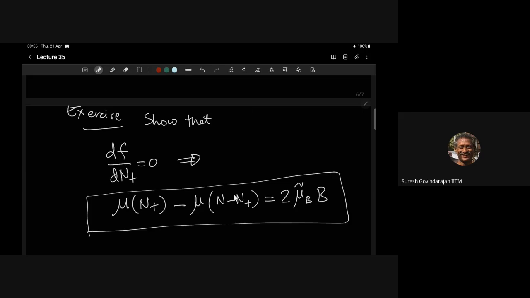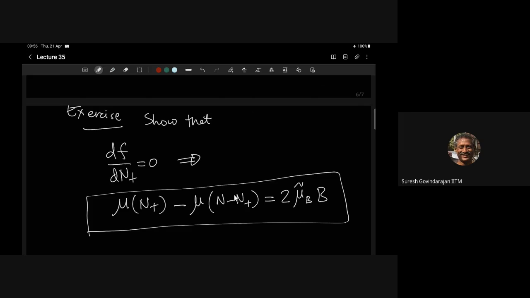We have formulae for this. Which mu do we have to use? If it's high temperature, we can just use the ideal gas mu. This minus sign is important because it depends on n minus n plus. That's the reason the minus sign comes. This is the answer.